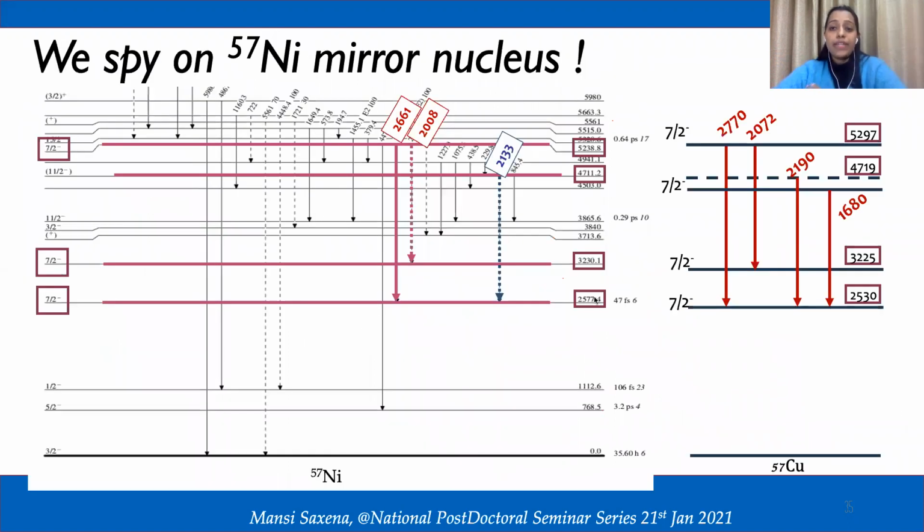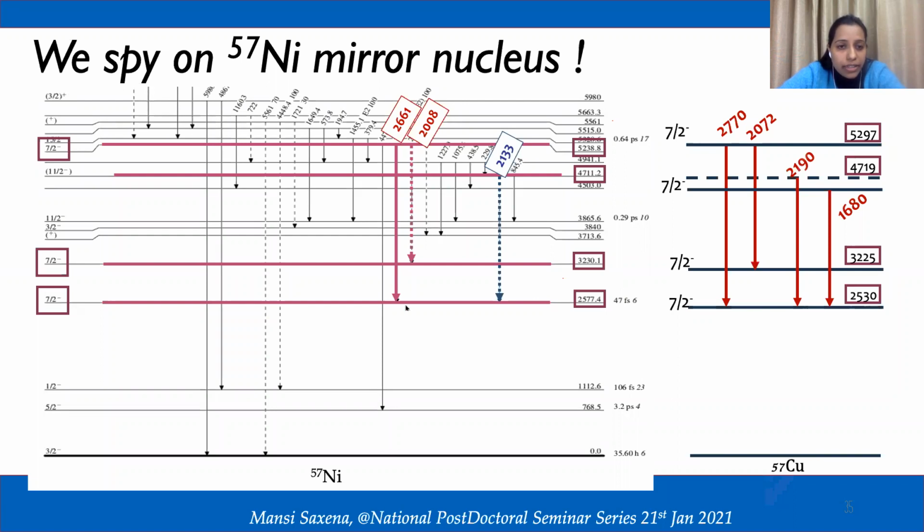Now, I also went and checked the decay scheme for the mirror nucleus of copper-57, that is nickel-57. Due to charge symmetry, we should expect a similar decay scheme in this nucleus also. This 7/2- state at 5238 keV in nickel-57 is the isobaric analog state corresponding to the 5297 keV state in copper-57.